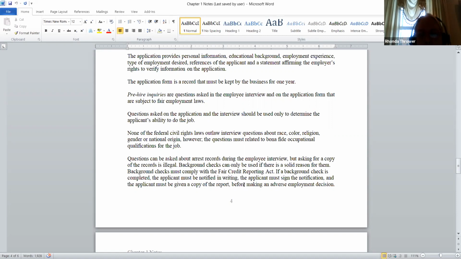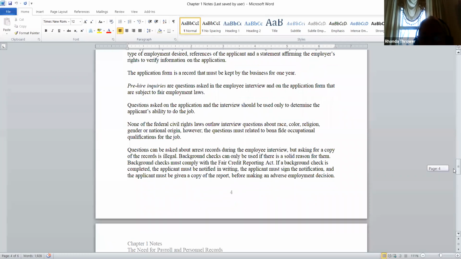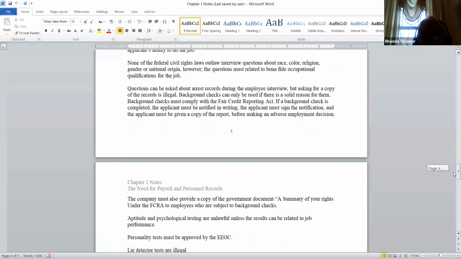If a background check is completed, the applicant must be notified in writing, and the applicant must sign the notification, and the applicant must be given a copy of the report once it's filed with the Fair Credit Reporting Agency. And that's so that employers will not make adverse employment decisions.